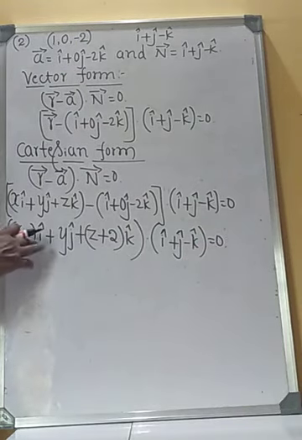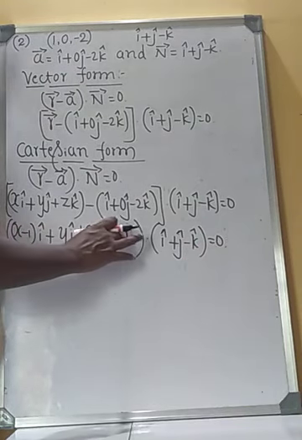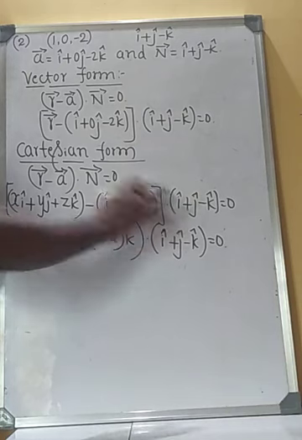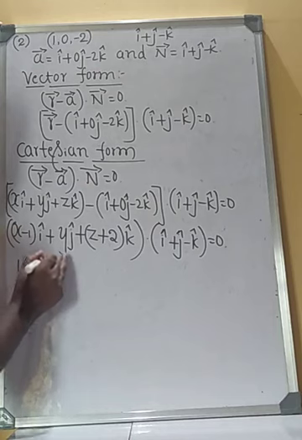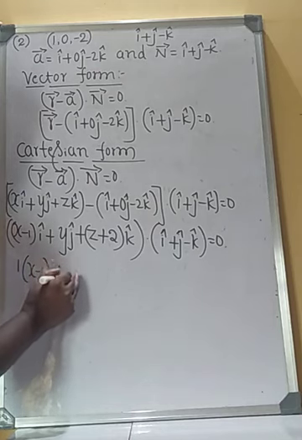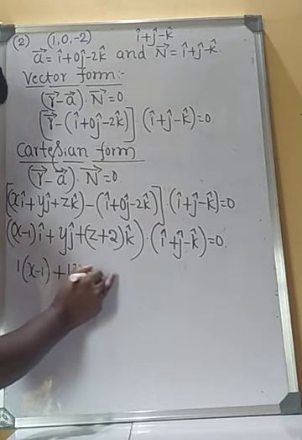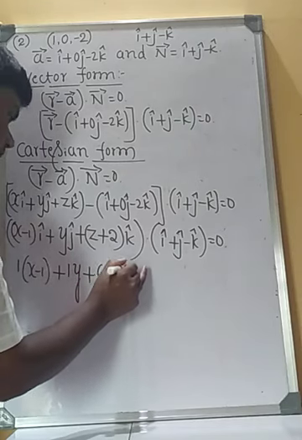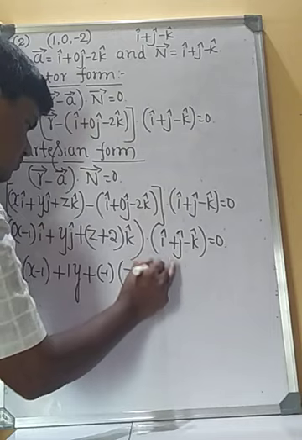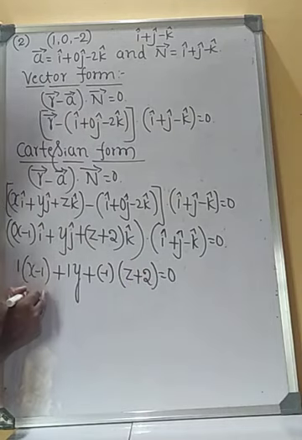Now equating the coefficients of i, j and k, therefore 1 into (x minus 1) plus 1 into y plus (minus 1) into (z plus 2) equal to 0.